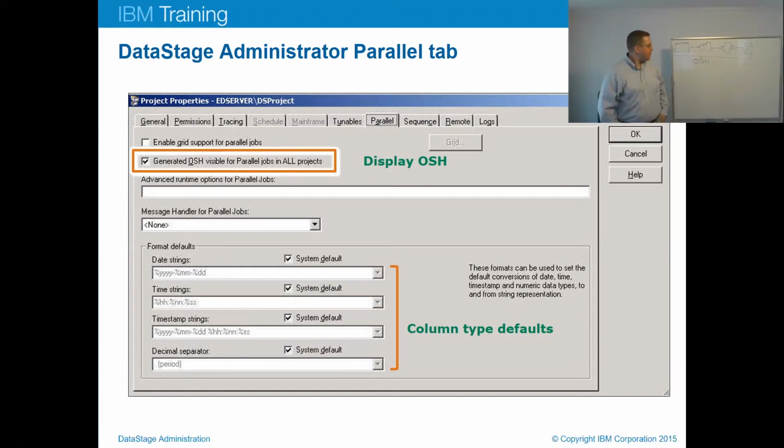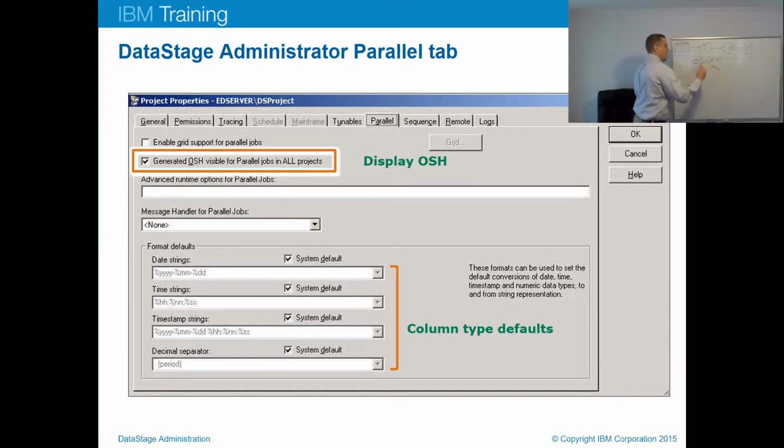When you check that box, what you're saying is, before you go ahead and create OSH to send on to the engine, that DataStage engine we keep drawing, create a copy of that that is text-based, that is human legible, then create the executable version that you're going to send on.